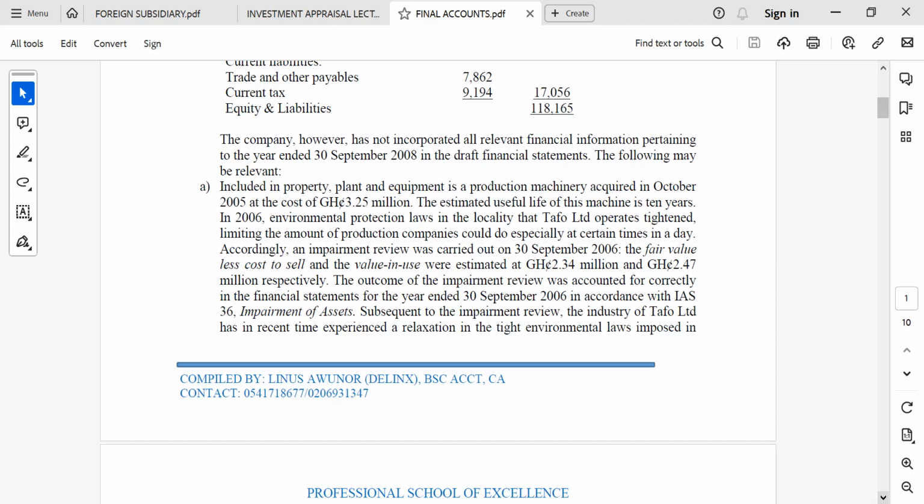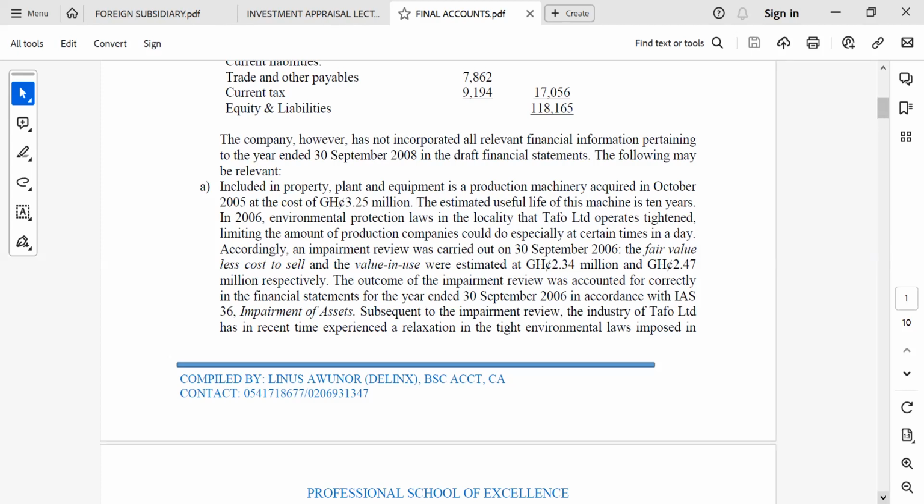The fair value less cost to sell and the fair value in use were estimated at 2.34 million and 2.47 million respectively. The outcome of the impairment review was accounted for correctly in the financial statements for the year ended 30th September 2006 in accordance with IAS 36 impairment of assets.